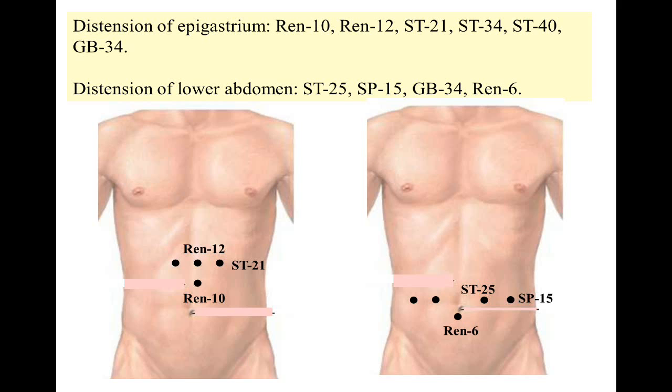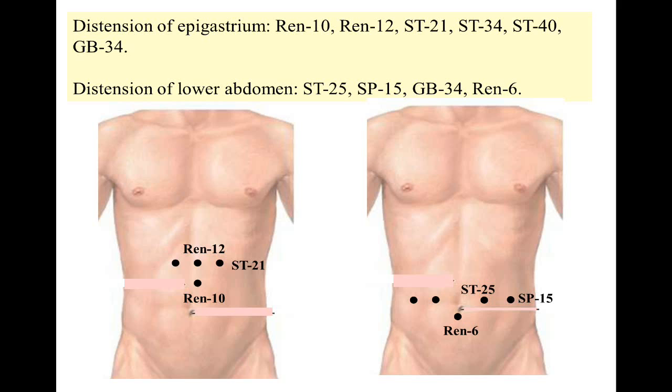It may be a deficiency, it may be Qi stagnation, it may be dampness, but whatever syndromes they have, I would consider these to be the most essential points that I would use most times. So for the middle burner, I would use REN 12 and stomach 21 and REN 10.